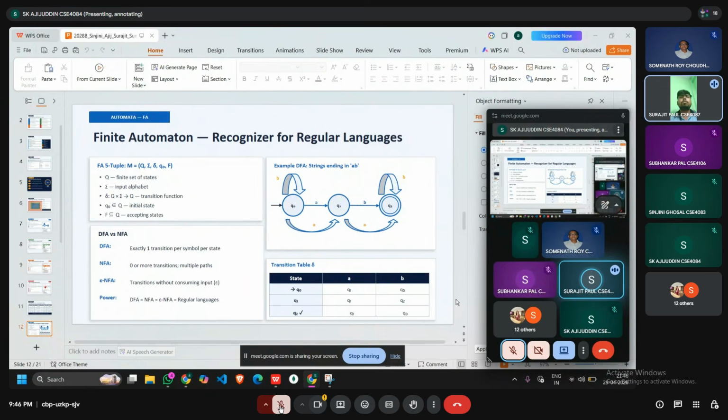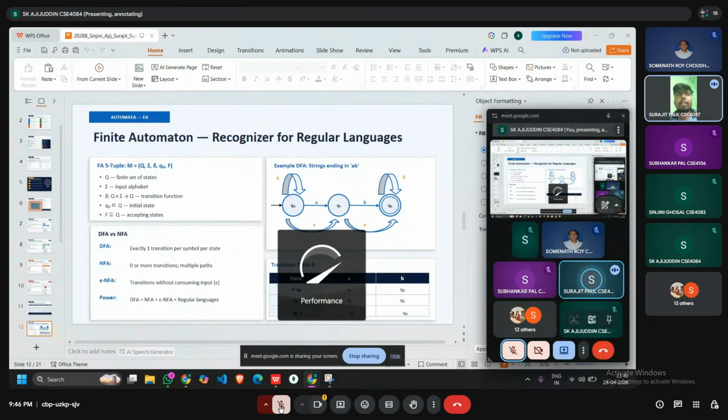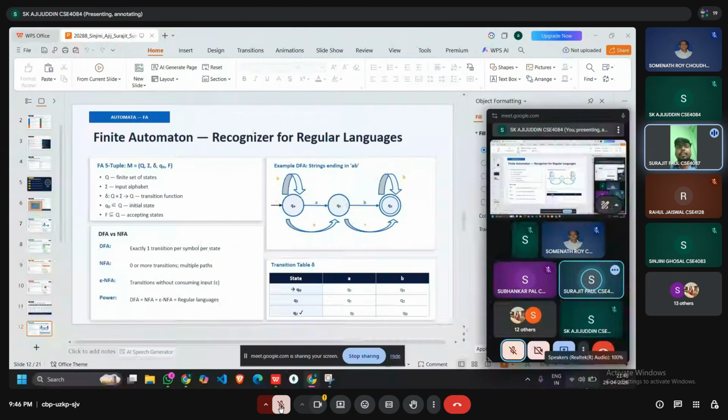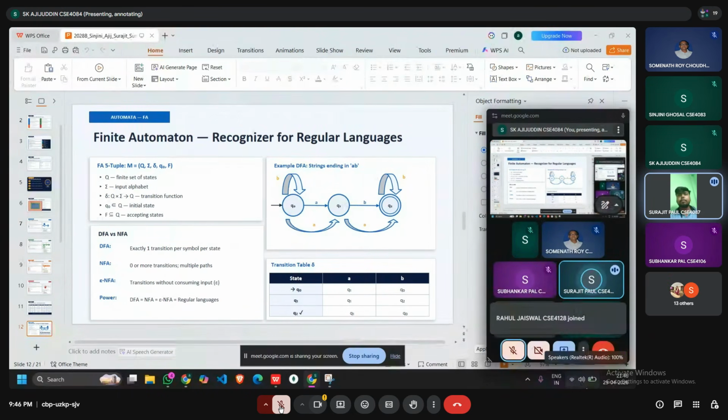Okay, coming to slide number 12, we have finite automaton. This is the simplest machine in the hierarchy, and it recognizes type 3 languages. It operates with a finite set of states and moves between them based on input symbols. The most important point here is there is no external memory.